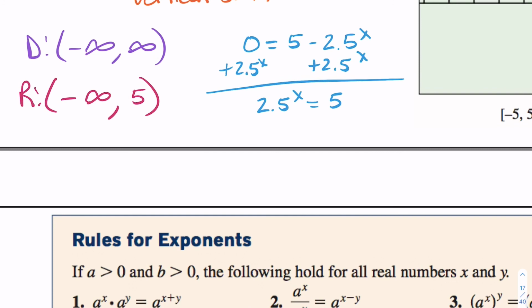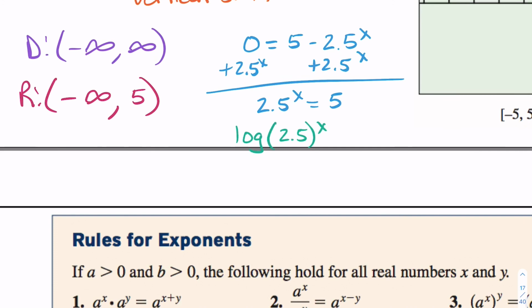Now, how do I solve for x? I can't add, subtract, multiply, or divide. This is an exponent. So what I need to do to both sides is log both sides. Let me pick a different color here.